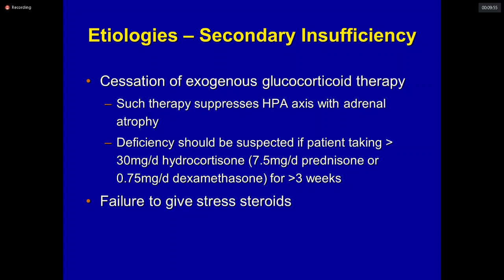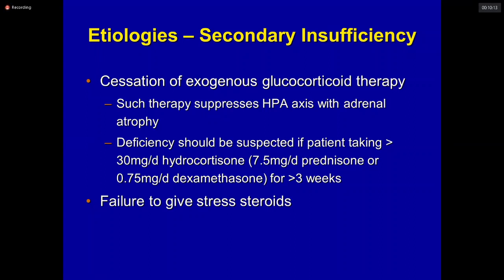So if the patient has been on medication for a long time on therapeutic doses of steroids, and then they stop them abruptly, they may get adrenal insufficiency because the axis has not been working for some time.